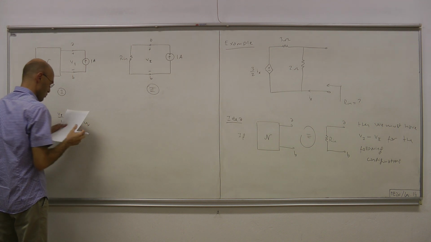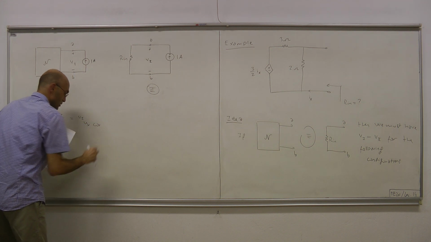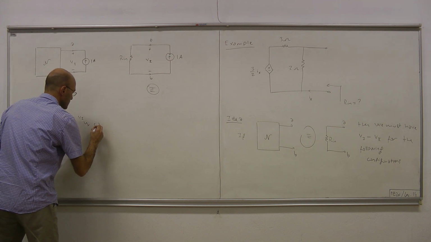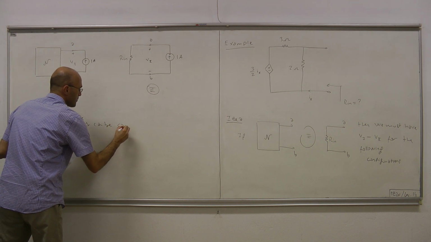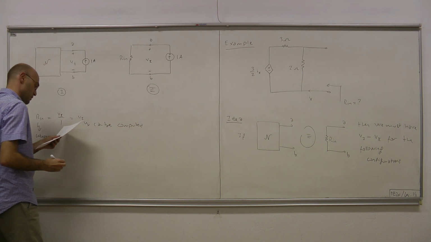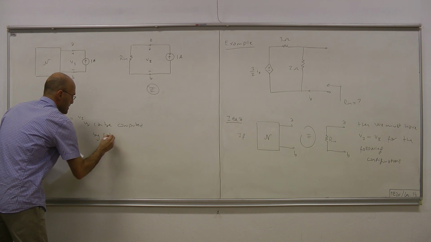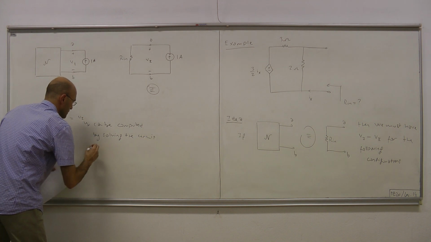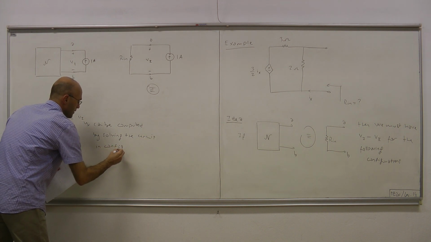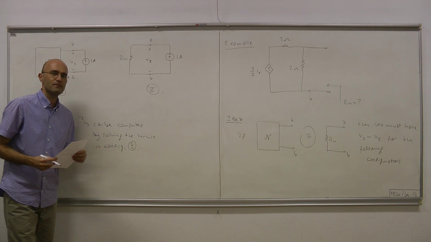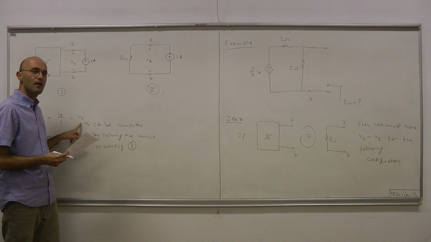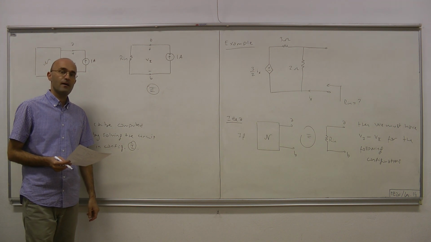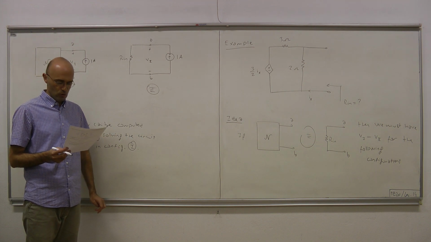Therefore, V1 can be computed by solving the circuit in configuration 1. Okay, and once you solve for that voltage, it gives you in ohms the input resistance that you're looking for.